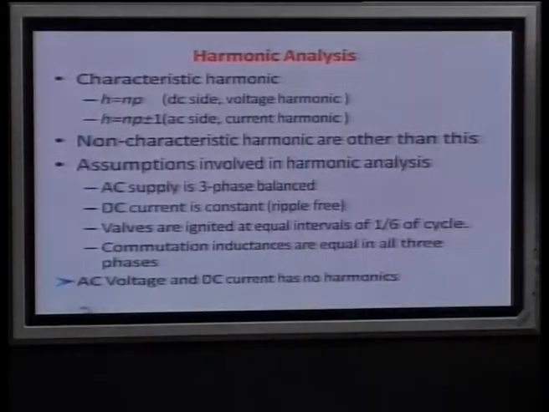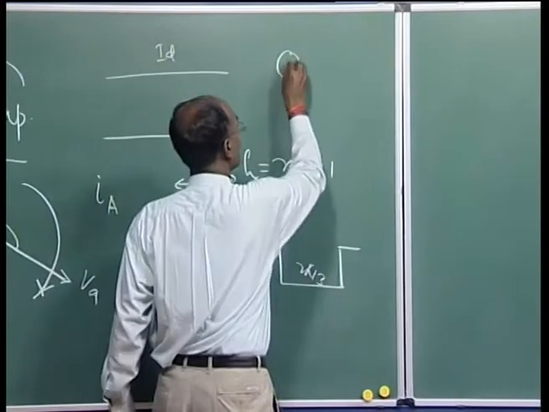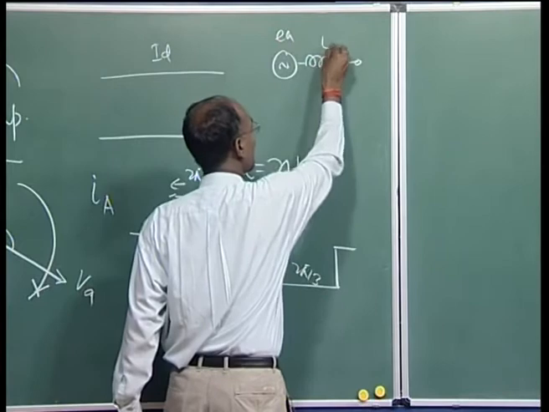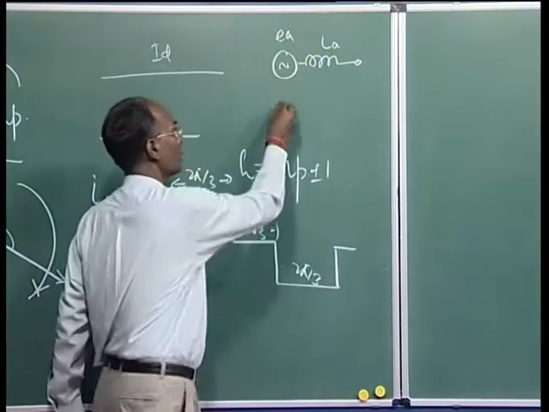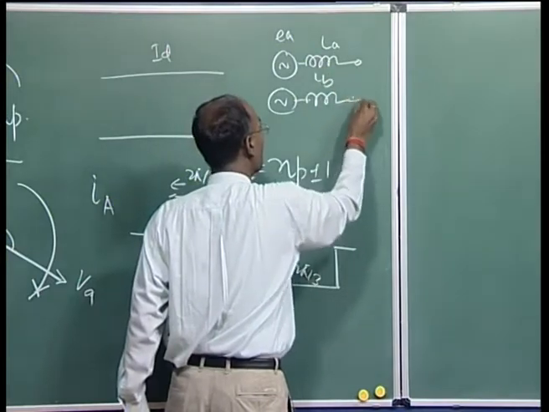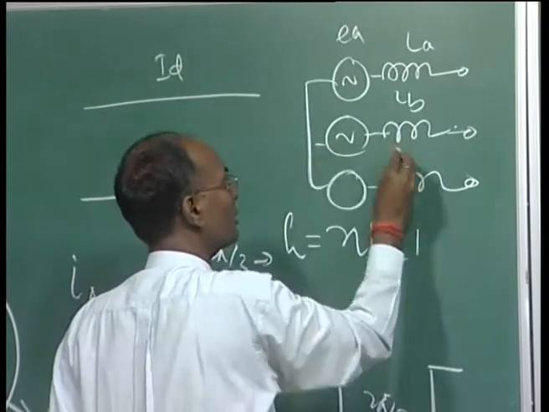The commutation inductances are equal in all 3 phases. Here this is your EA, this inductance LA is equal to this inductance LB, and so on, your LC.